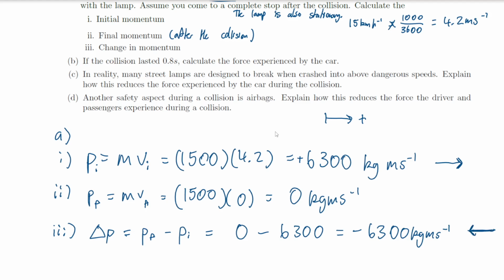So let's have a think for a second. Your car is moving to the right with some momentum. It collides with a lamp and it comes to a complete stop. So the change in momentum must be in the other direction for its new speed to be 0, which is why the change in momentum is acting to the left.